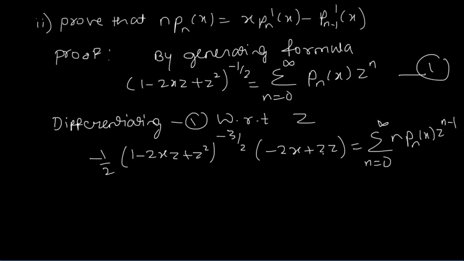Again, by taking 2 common and cancelling each other as we did in the last problem, we get x minus z.